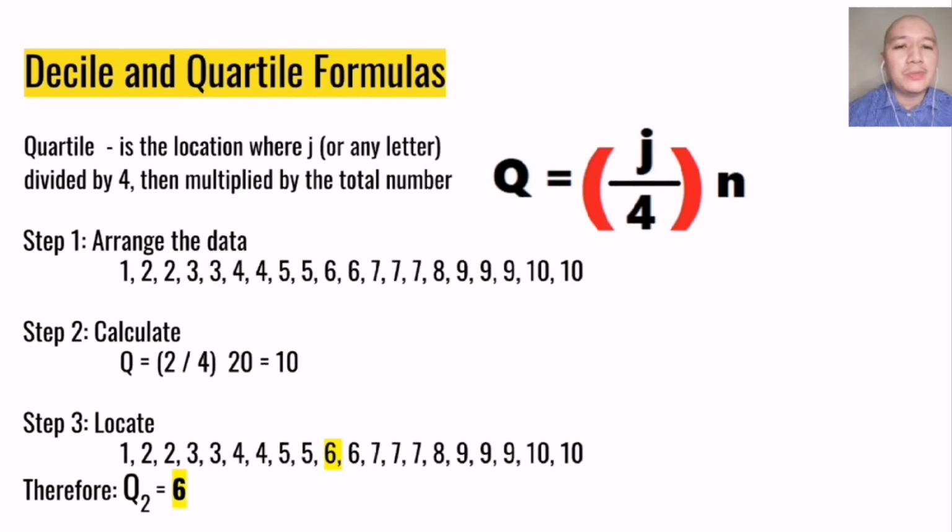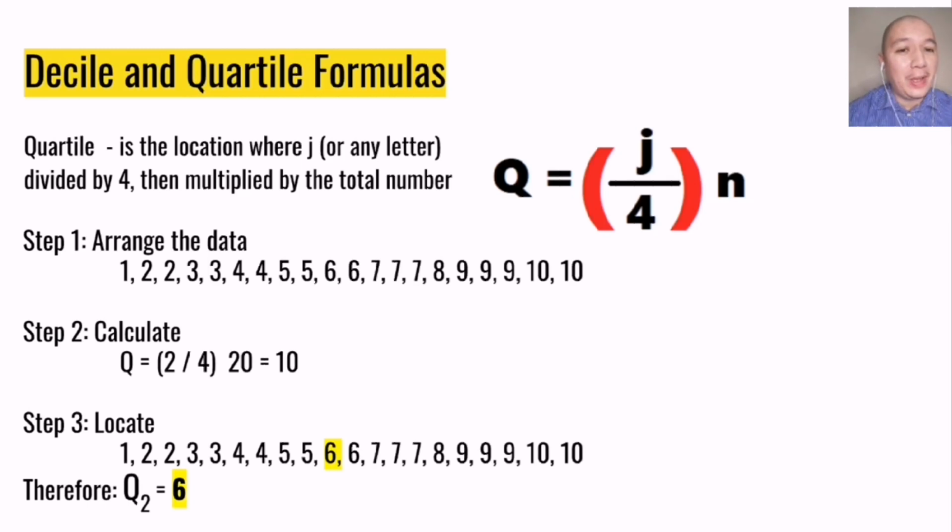Now that it has been arranged, step 2, we have to calculate. How do you calculate that? Quartile is equal to 2, because we are looking for the second quartile, over 4, our denominator, multiplied by 20, which is equal to 10. So our second quartile here is 10.